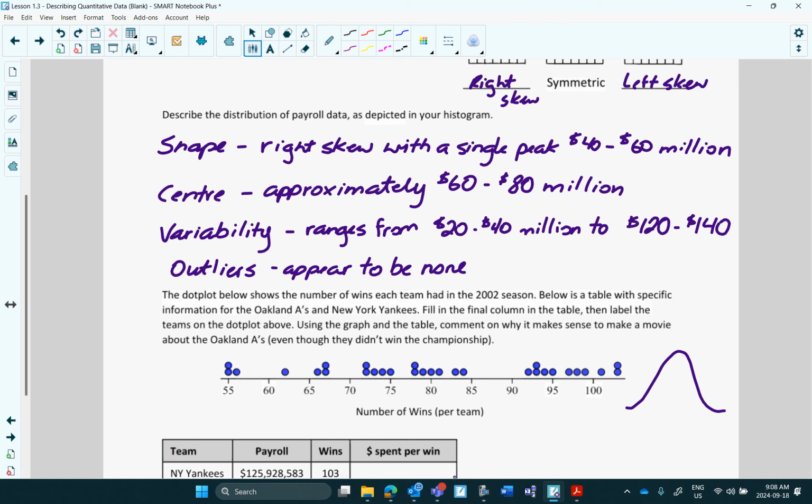So what are we looking for when we've got an answer like this? We're looking for the phrase describe the distribution in the question. When you see that, or write a few sentences about the distribution of the data, that's when you do STIVO. You've got to do all four components.